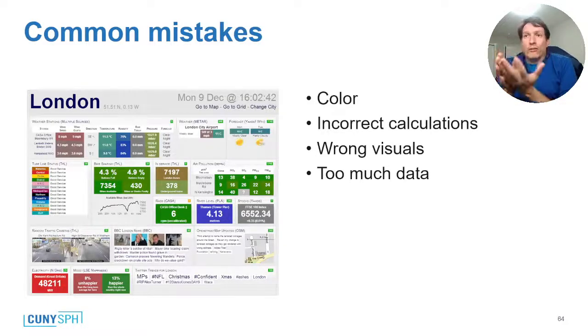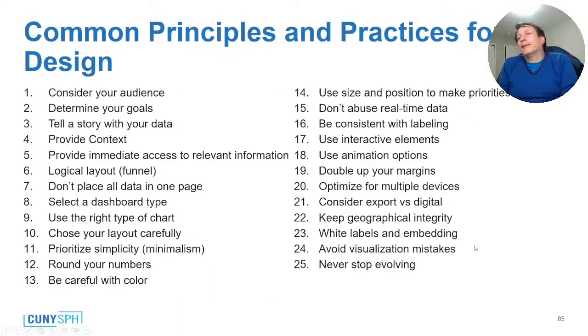Review it and just test it with your users. That's going to give you some clues about whether you are really providing the right information to your intended audience. And too much data, yes, you don't want to overload your audience with data, because then it's going to be unproductive. We already used that not-so-good example of what a dashboard should be.